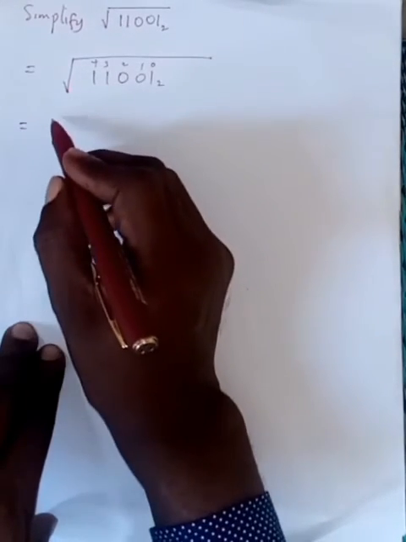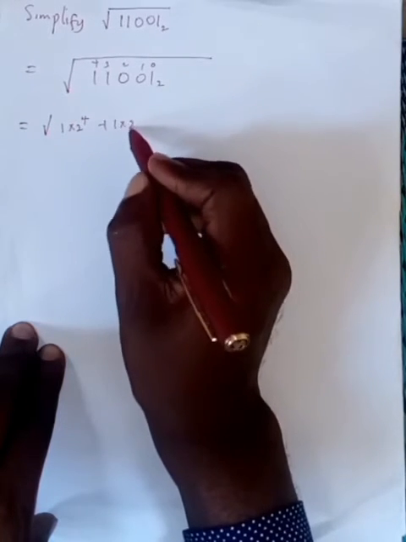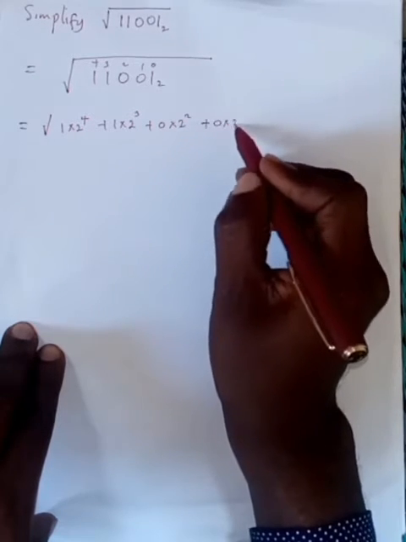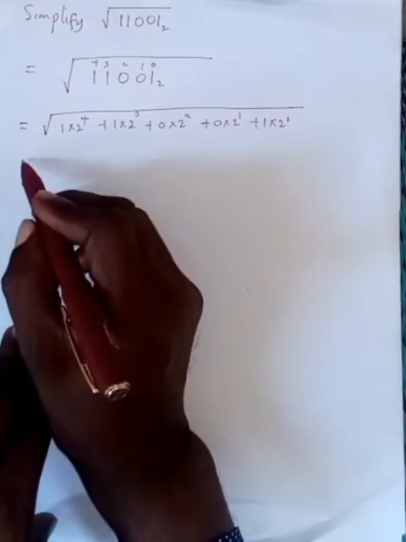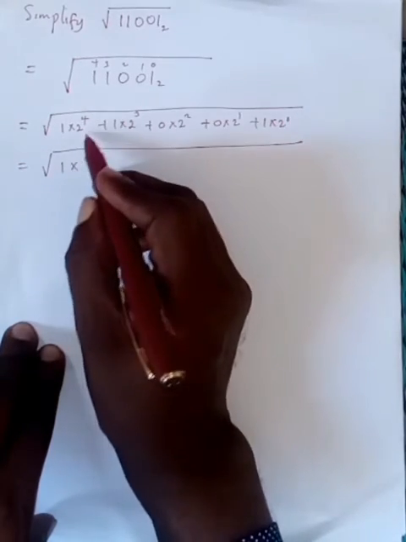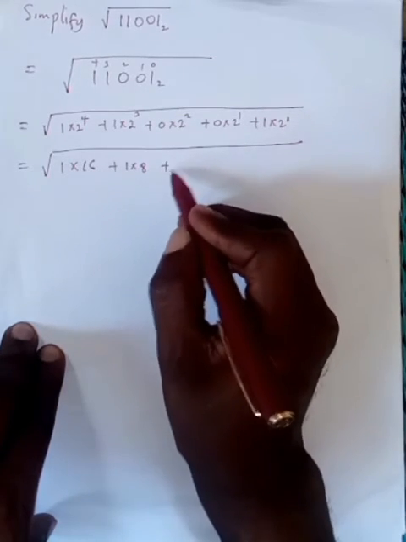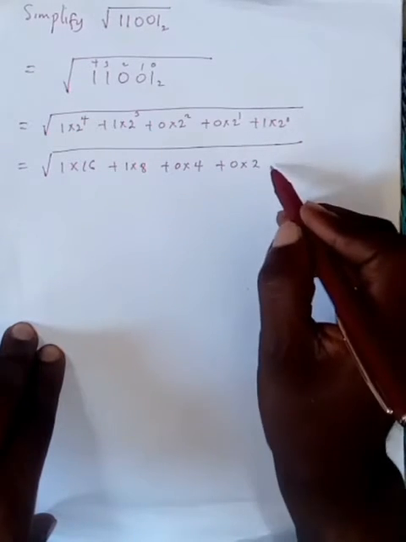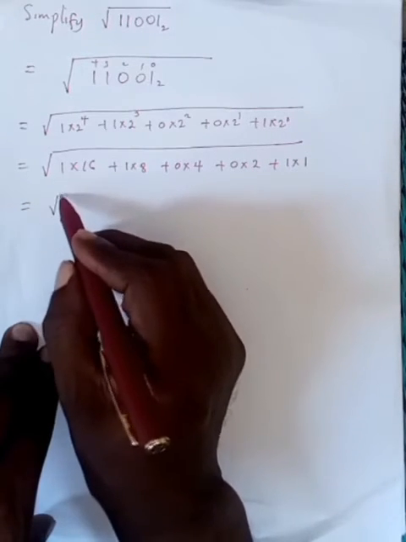So that's 1 times 2 raised to the power 4, plus 1 times 2 raised to the power 3, plus 0 times 2 raised to the power 2, plus 0 times 2 raised to the power 1, plus 1 times 2 raised to the power 0. 2 raised to the power 4 gives 16, 2 raised to the power 3 is 8, 2 raised to the power 2 is 4, 2 raised to the power 1 is 2, and 2 raised to the power 0 is 1.